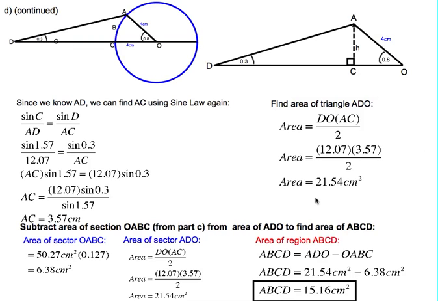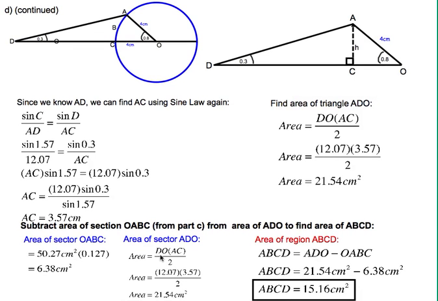So now we know the area of the triangle, which is 21.54 centimeters squared, and we know the area of the sector OABC from part C. To find the area of ABCD, we just need to subtract OABC from the triangle ADO. So we subtract the area of the sector from the triangle, which is 21.54 centimeters squared minus 6.38 centimeters squared.